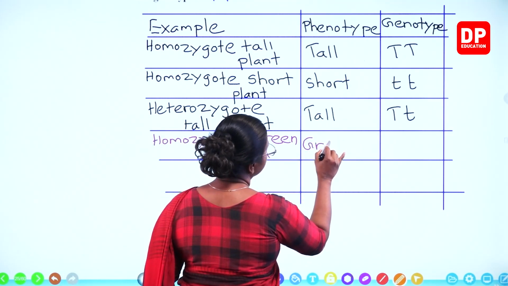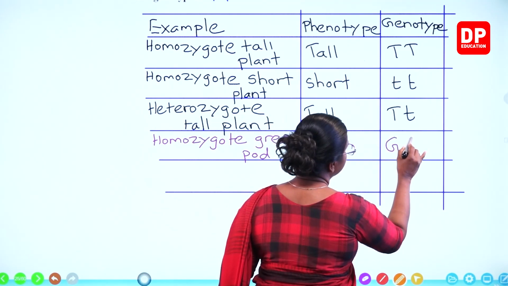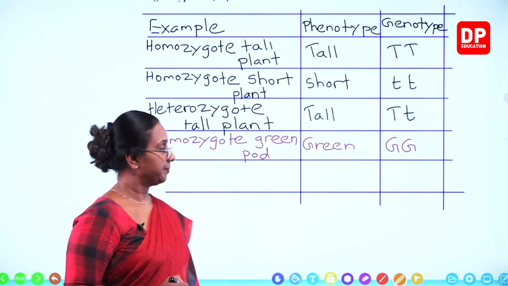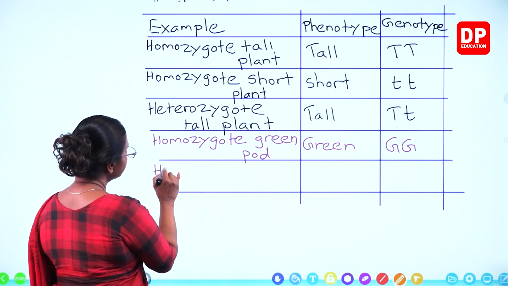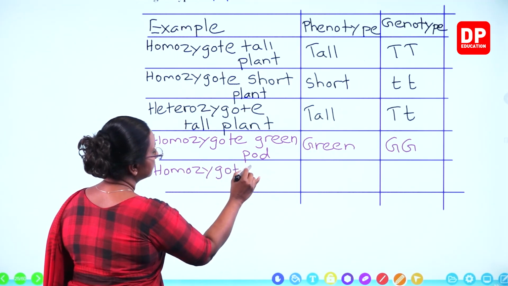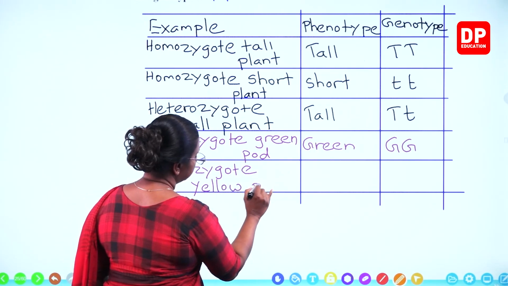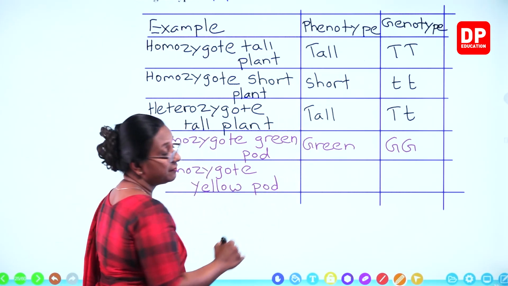So, green color. Then what is the genotype? Capital G, capital G. If you take the homozygote yellow pod, what is the phenotype?